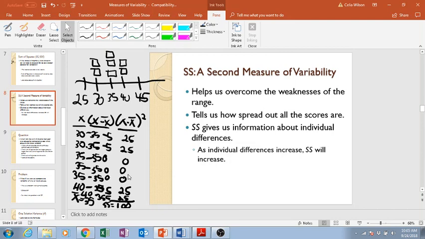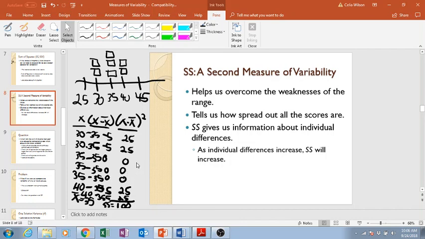Can you see that they're contributing nothing? So they're not contributing to the spread of the scores, which if you think about it, that makes sense. Because if you're adding scores here in the middle at the mean, your scores are not becoming more spread out, are they? They are just kind of being stacked up there. So as a measure of spread outness, adding scores at the mean doesn't affect anything.